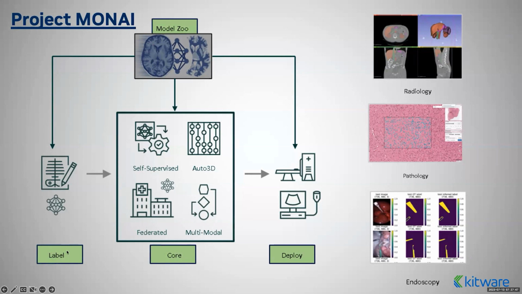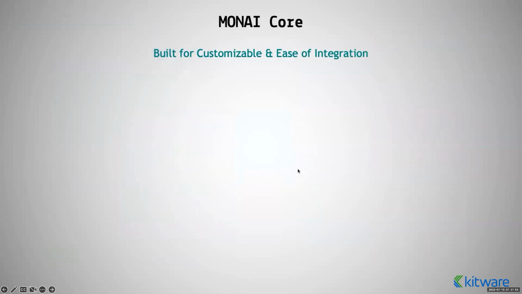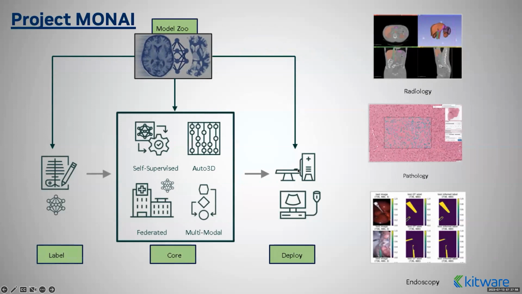But then there's MONAI Label, which is the AI-assisted annotation, MONAI Deploy, which integrates your trained models into a clinical framework, and the Model Zoo that we're really emphasizing lately, which is a bunch of pre-trained models that you can use to kickstart your training of your own system, your labeling of your data, or deploy them within a clinical setting as a step in your processing pipeline.